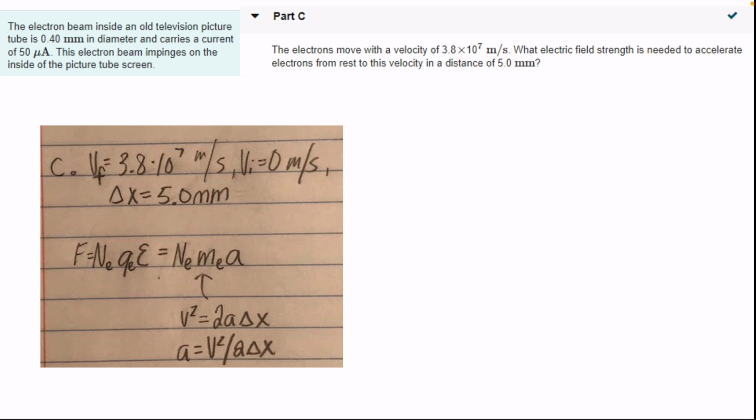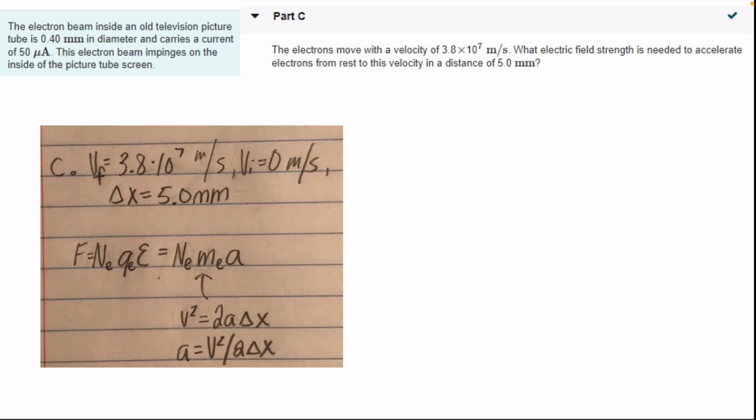In order to plug in the values that we have in the problem for a, I used one of the kinematics equations and solved for a, which you can see below, and got that a equals velocity squared over 2 change in x.